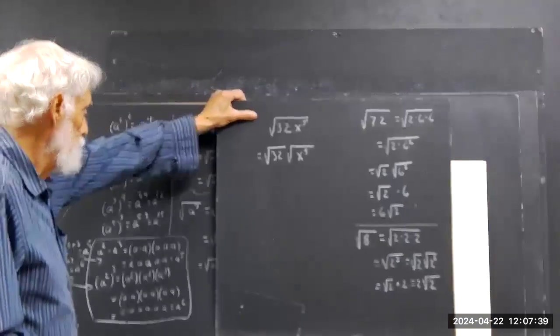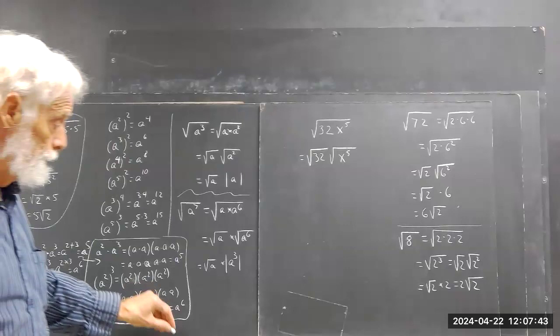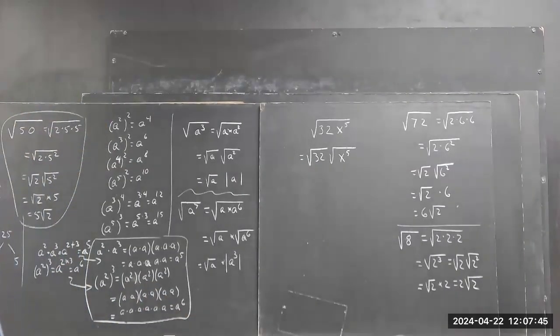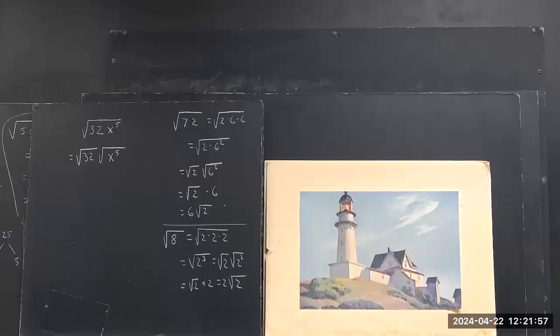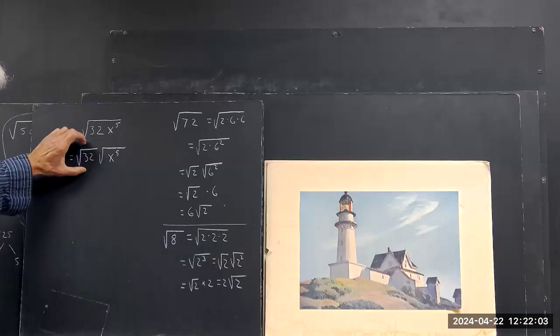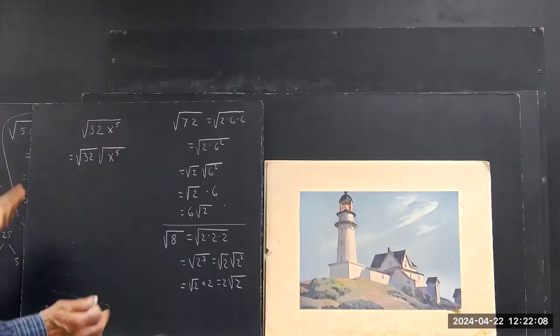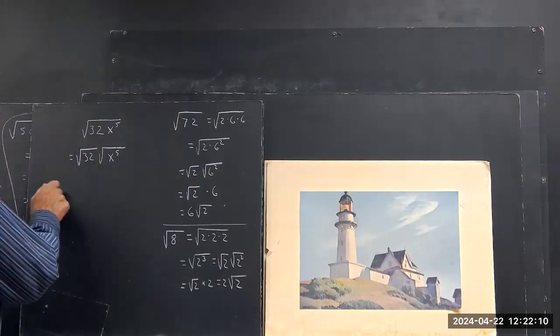Okay, so let's do this. This throws people sometimes. You just treat the square root of 32 and the square root of x to the 5th separately. What do you do with the square root of 32?